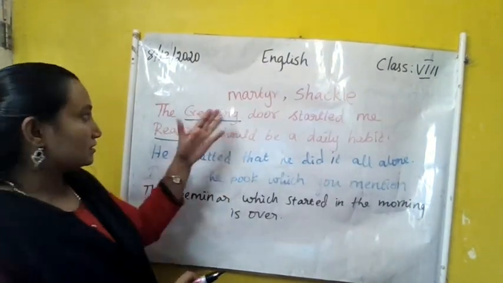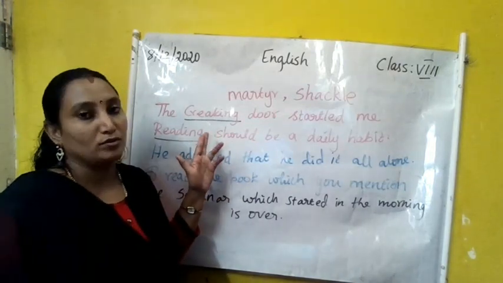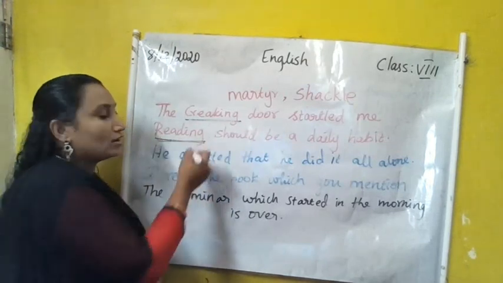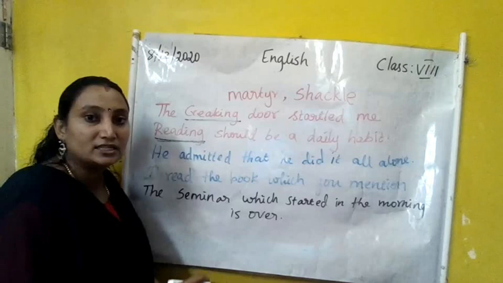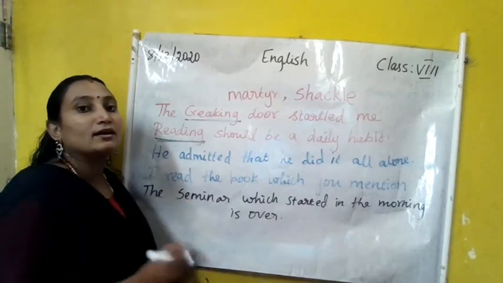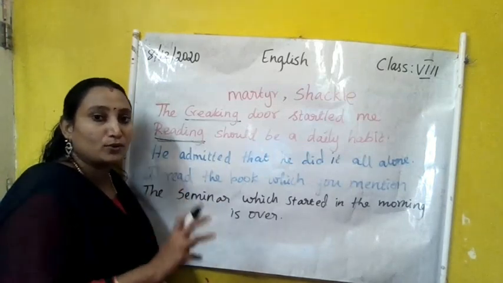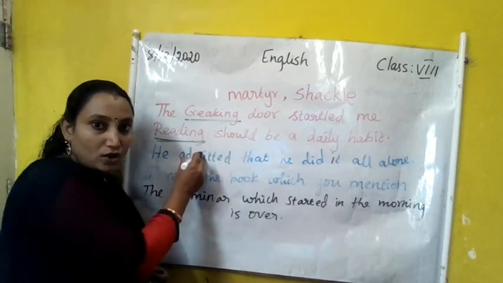So in this part, I asked you to identify the non-finite verb, isn't it? So here these two are the non-finite verb. Creaking and reading are the non-finite verb because it does not undergo any changes according to the subject number and the time. Tense, subject singular or plural, no changes come for these two verbs. So this is the non-finite verb.